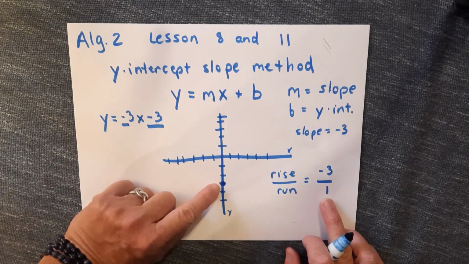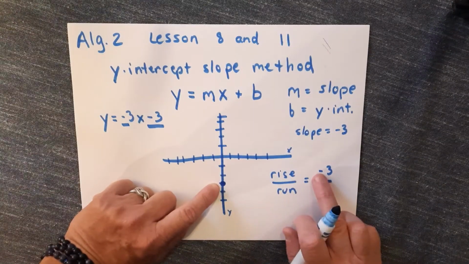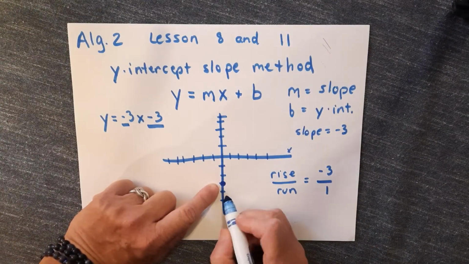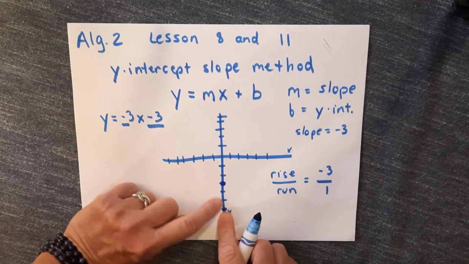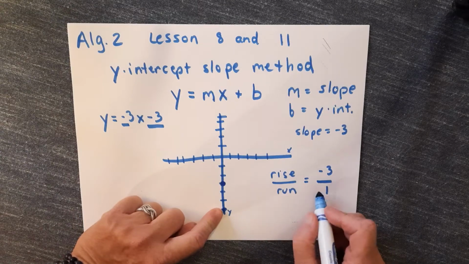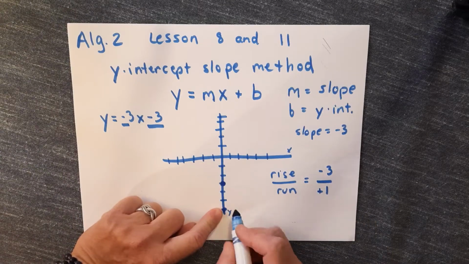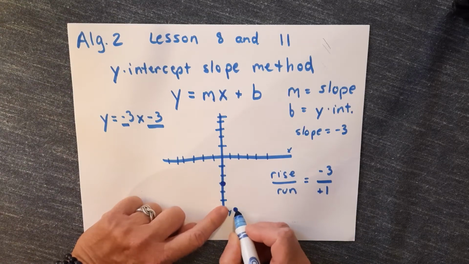So we're starting at our y-intercept. We're going to go 3, which is our rise, and because it's negative, we're going to go down 3. So 1, 2, 3. Then from this point, we look at our run. The run is a positive number, so we go over 1, and that puts our dot right there.